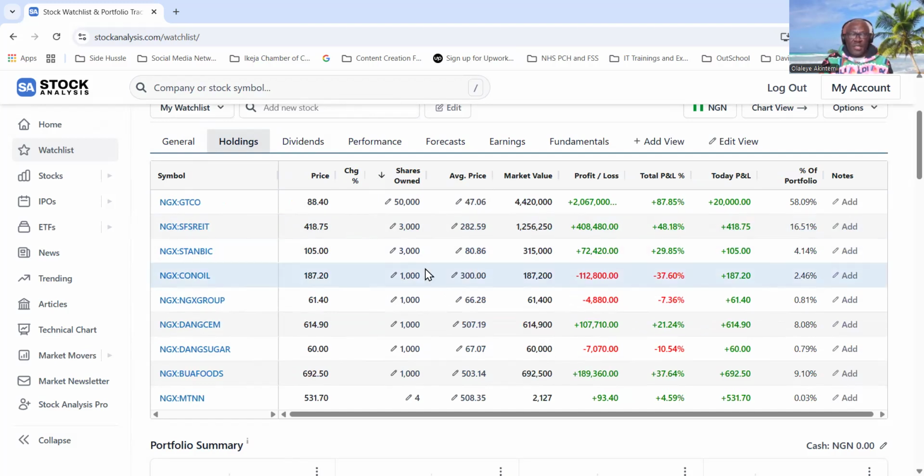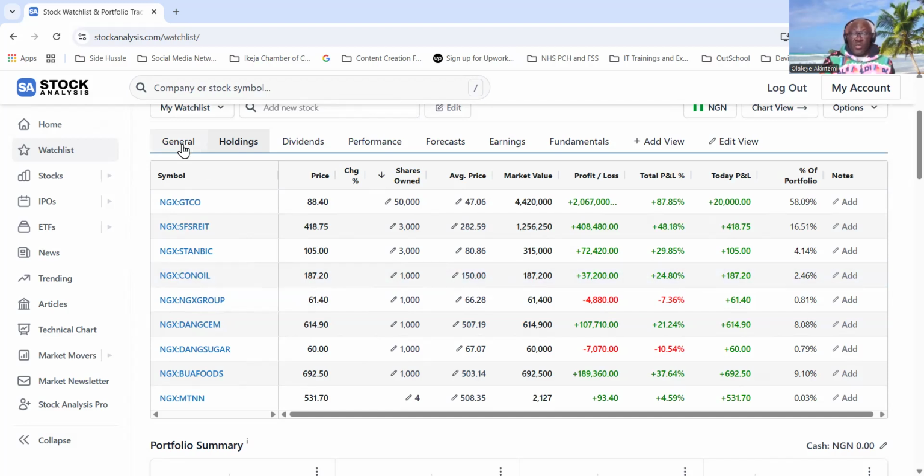If corn oil is 187 naira, and I bought it at 300 naira, that would have been a big loss. So let's say I bought it for 150 naira, which is below the share price. Then that will show that I've made some profit on corn oil.